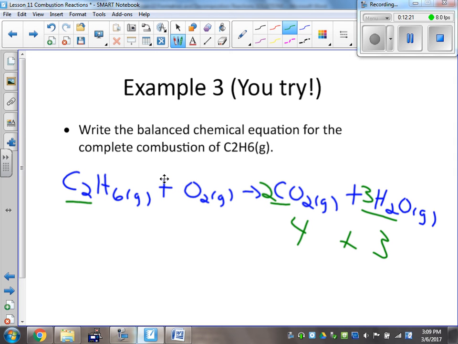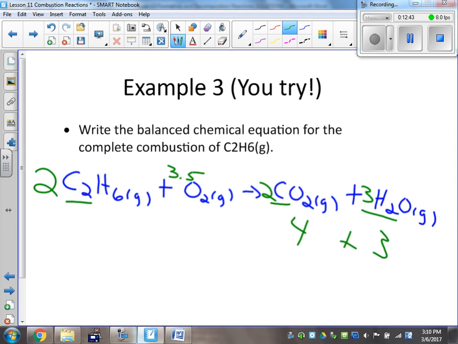Yes? 7. And these only come in 2s though, so what's half of 7? 3.5. Is that balanced? Technically, is it balanced? Do I have the same number on both sides? Yes. Can I leave it like that? No. So let's go back and double everything.